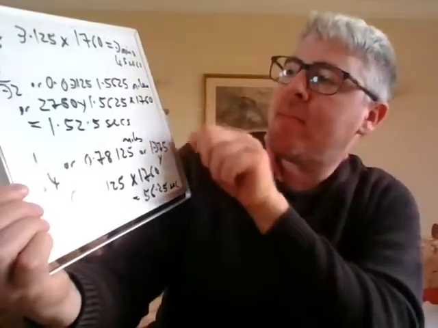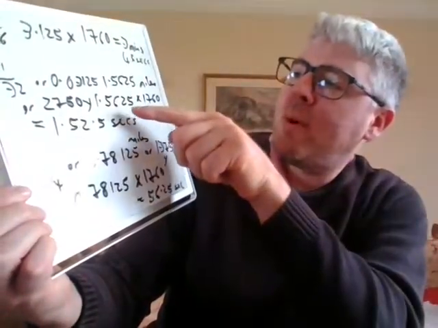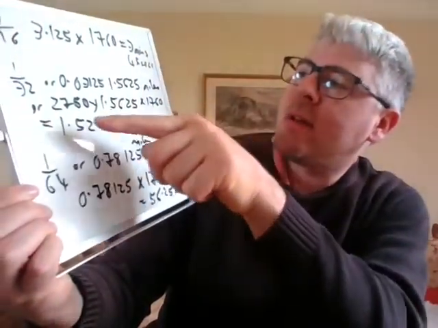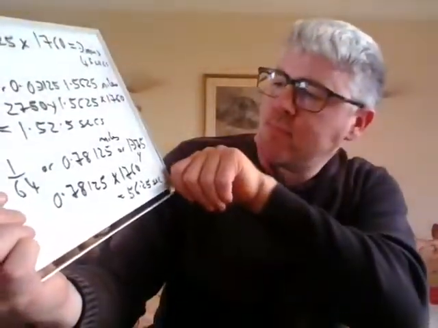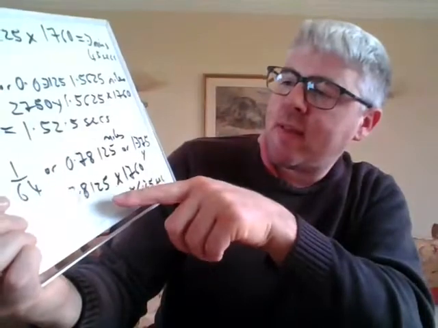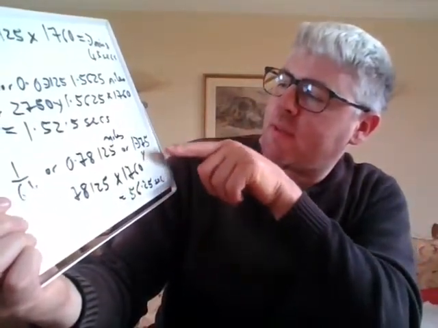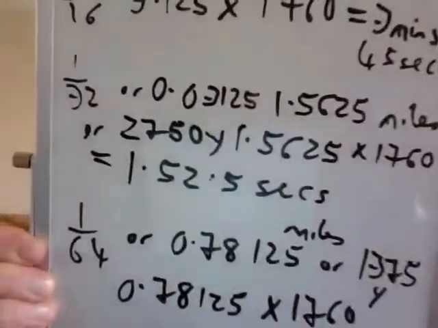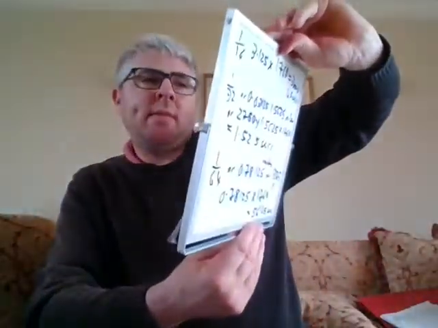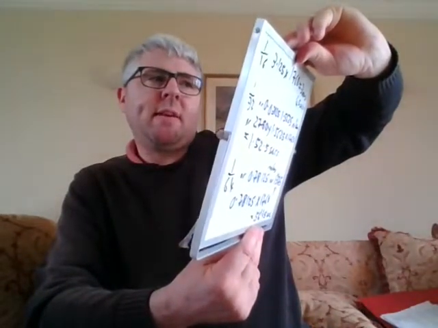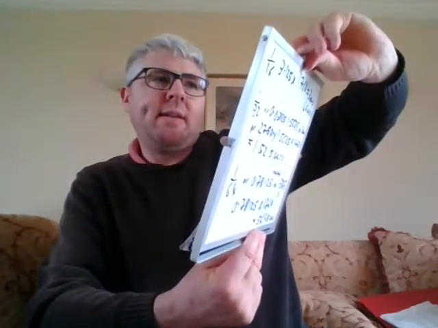And again, 1.5625 times 1760 will give you 2750 yards. And then 0.78125 times 1760 gives you 1375 yards. And on here I've got 45 minutes, and obviously the 60 is when it's done the 88,000 yards or 50 miles.